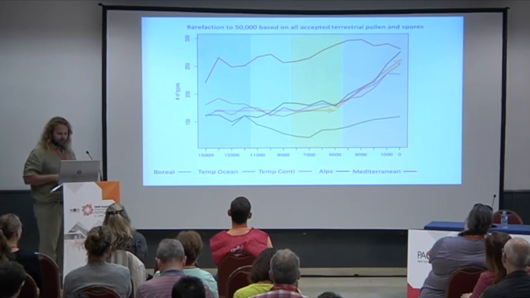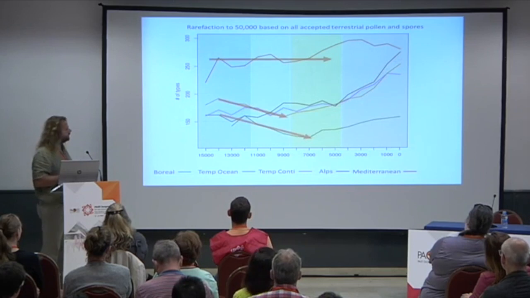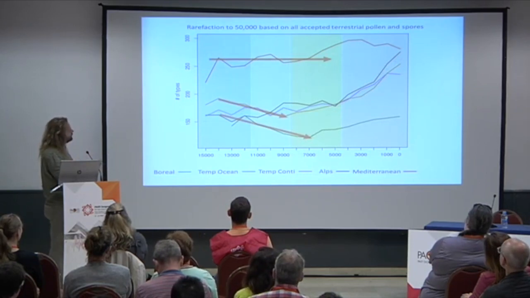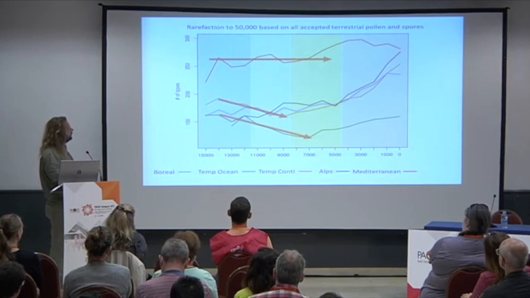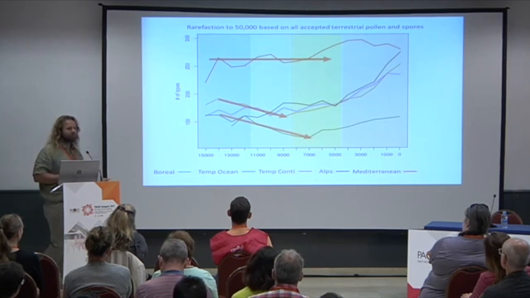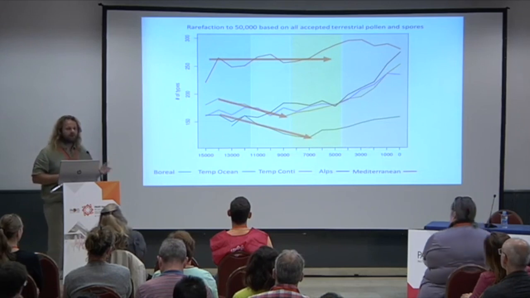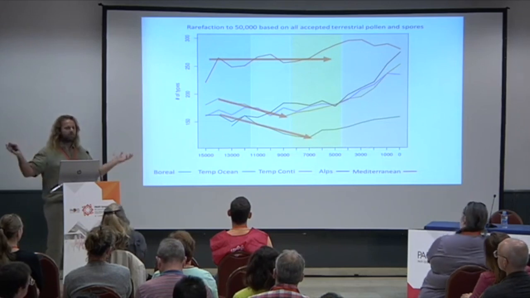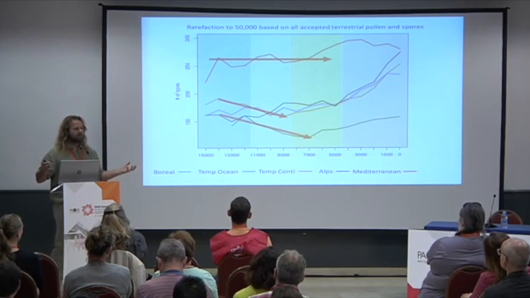The other trend that was not so obvious and not so expected is while our Mediterranean sort of region doesn't show a very big trend coming from the late glacial into the Holocene, the boreal region shows a decline, as does the continental temperate region. And this is an effect similar to what we just heard of the forest coming in and sort of closing up everything.